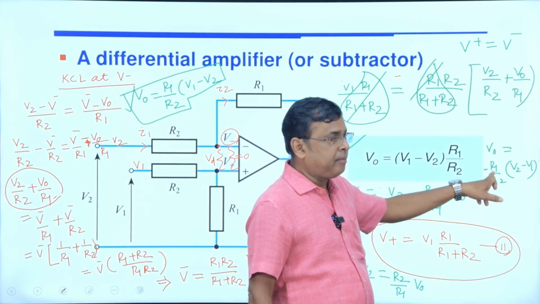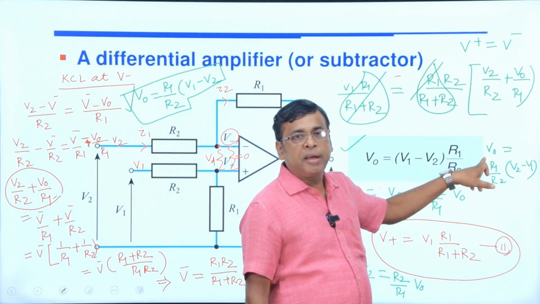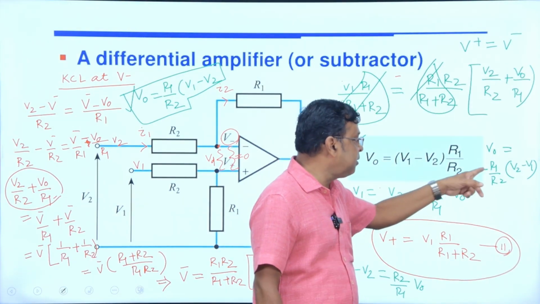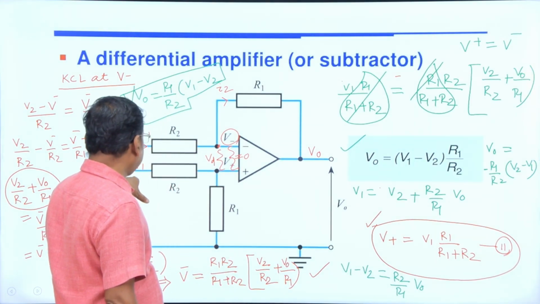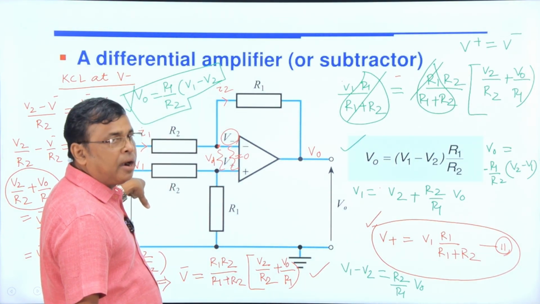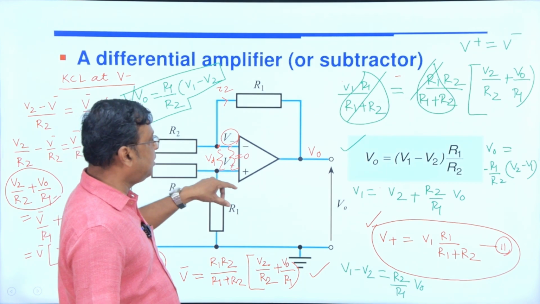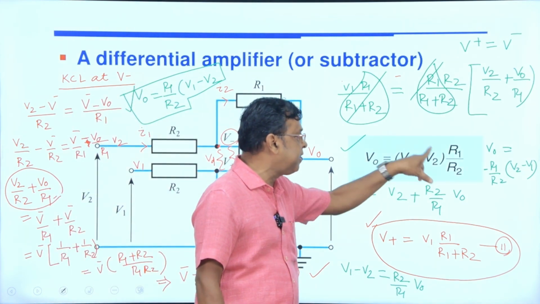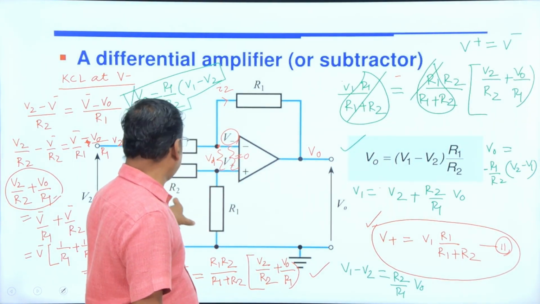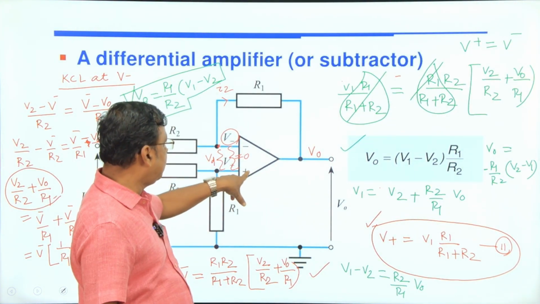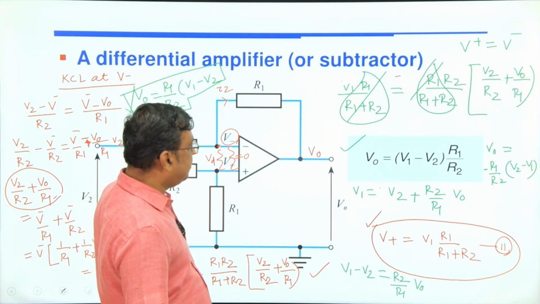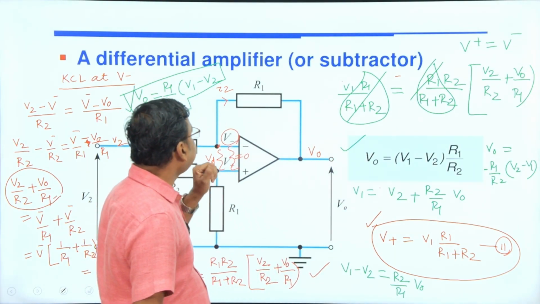If you want to eliminate the minus sign, you need a positive sign. That means V1 is at the non-inverting terminal and V2 is at the inverting terminal. So V0 equals the non-inverting terminal V1 minus V2, times R1 by R2.